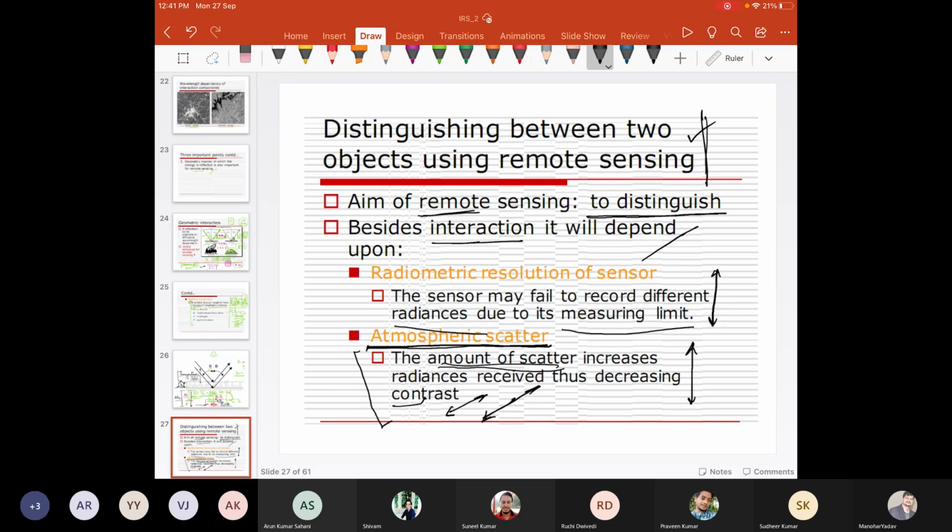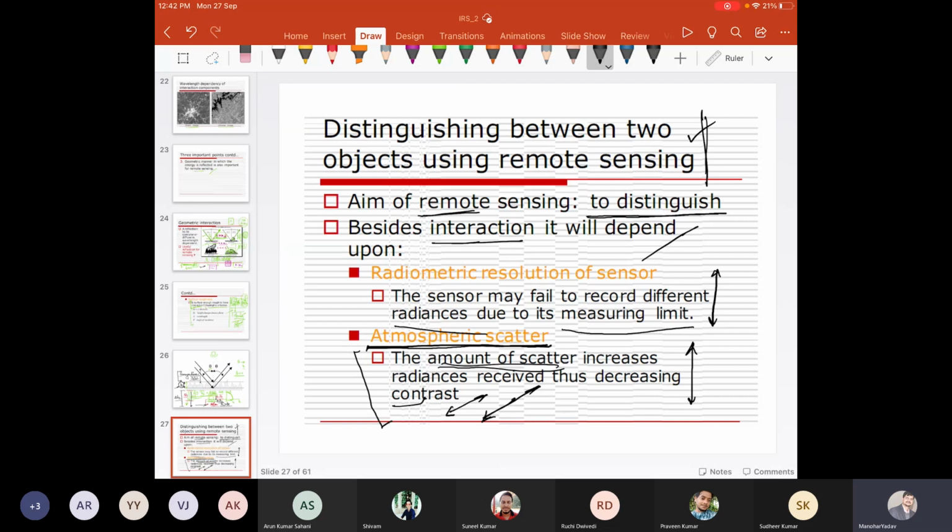Sir, atmospheric scatter. We discussed scatter when we were discussing the scattering effect in the atmosphere. Sir, it is the interaction between sunlight and particles or any object in the atmosphere.